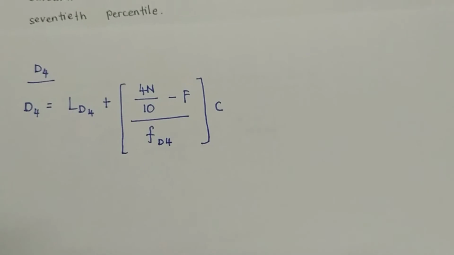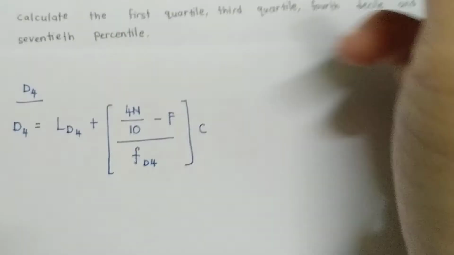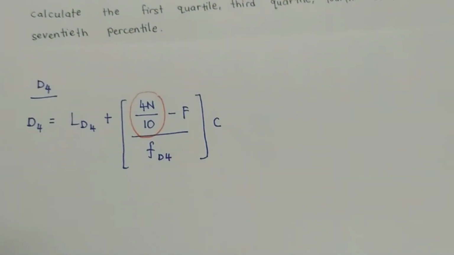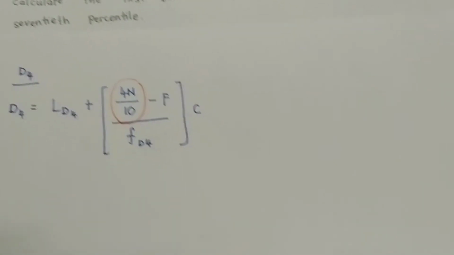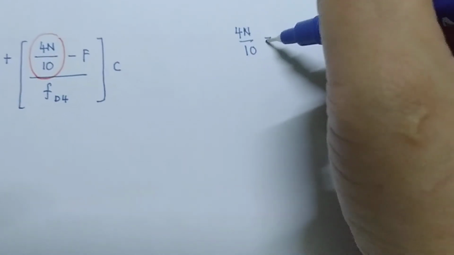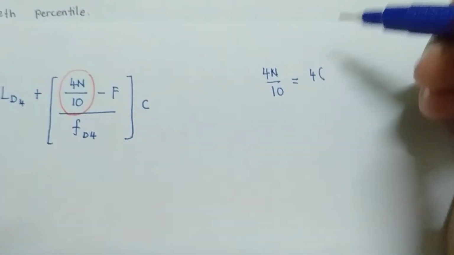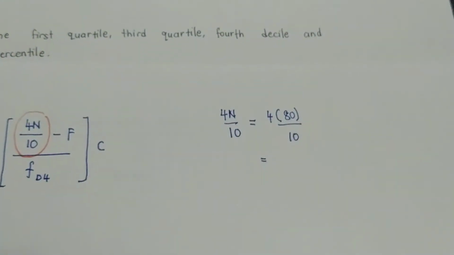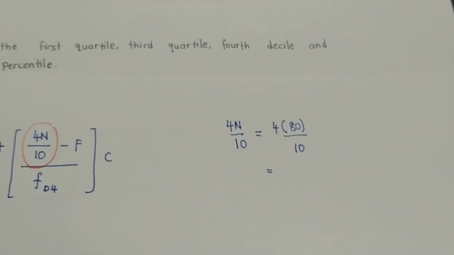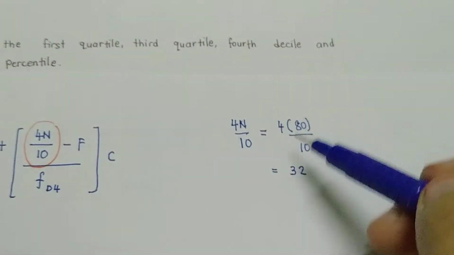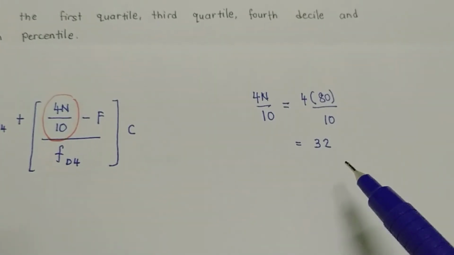Okay, so we repeat the same process. We must find 4n over 10 first. So 4n divided by 10: 4 times 80, then divide by 10, so we get 32.